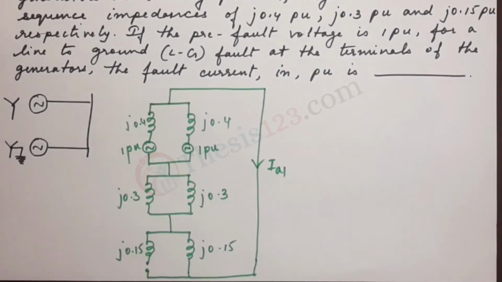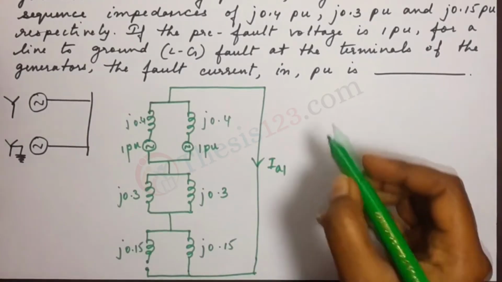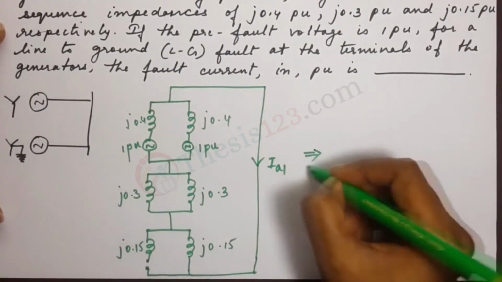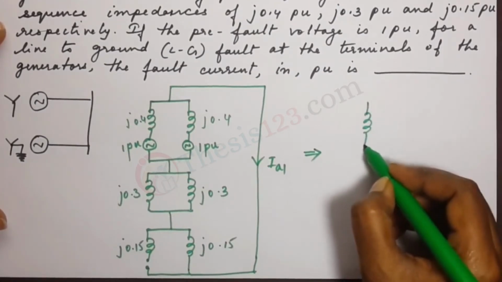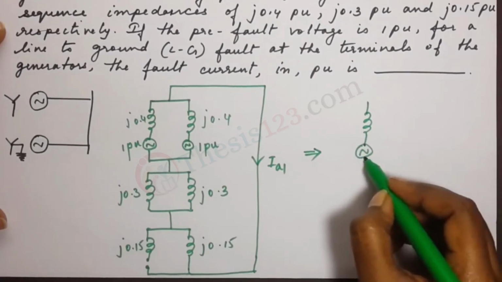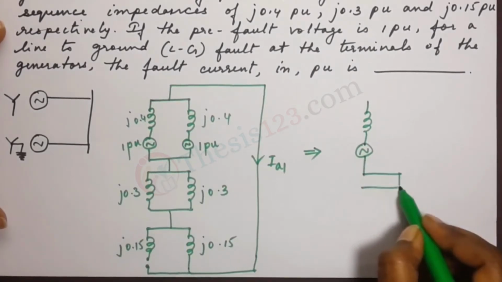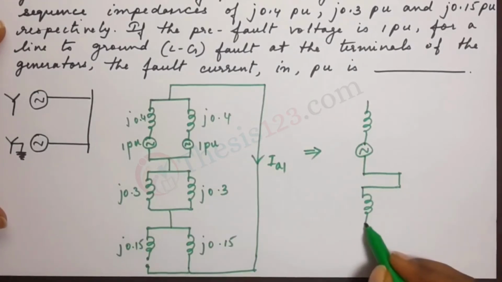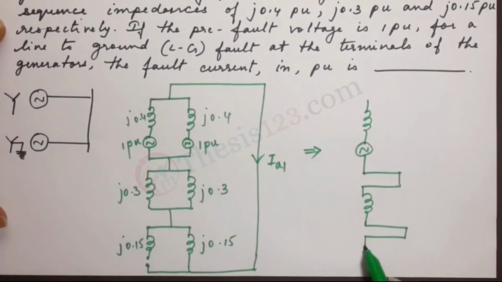Now let's say that a line to ground fault occurs at the terminals of the generator. So now a fault occurs, and when that happens, the diagram would turn into an equivalent circuit diagram. We're going to draw out an equivalent circuit diagram here.